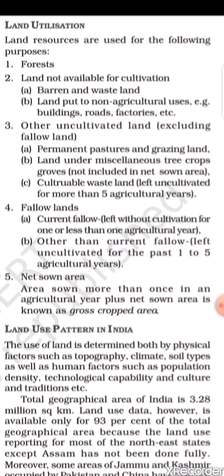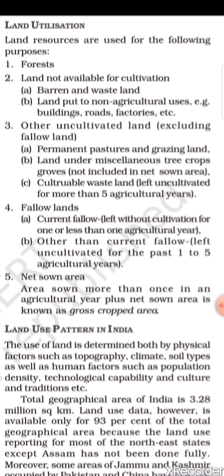Fourth is fallow lands. Current fallow means the land is left without cultivation for 1 year or less, so that the soil can regain its fertility. Second is fallow other than current fallow, where land is left uncultivated for the past 1 to 5 agricultural years.